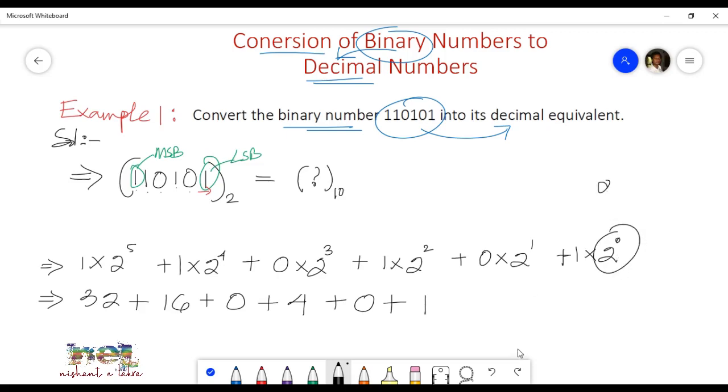Remember that whenever the power is naught, the result is 1.